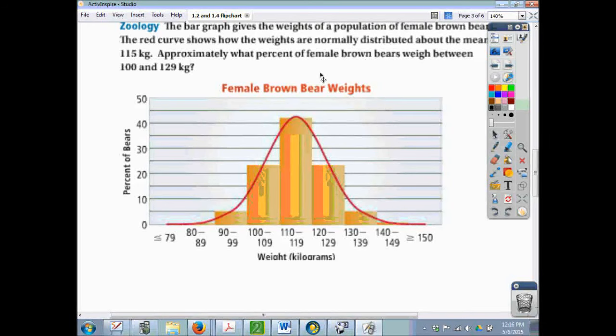So now look at problem one out of your book. And actually, I want you to write this problem in your notes. Just write the sentence there. Part A: approximately what percent of female brown bears weigh less than 120 kilograms? Use this bar graph right here on the screen to answer the problem.